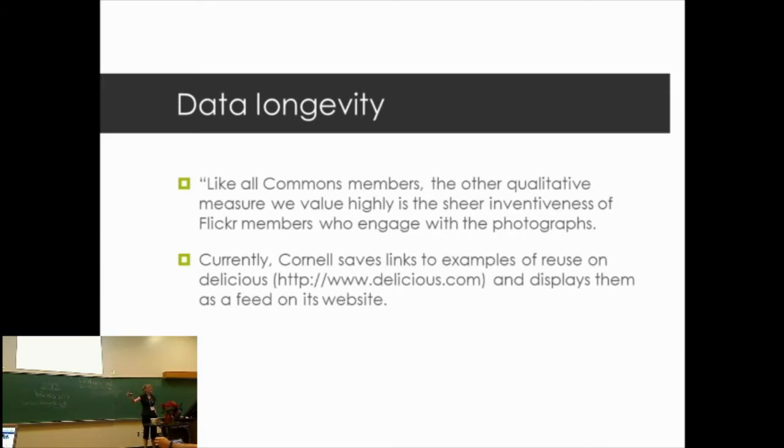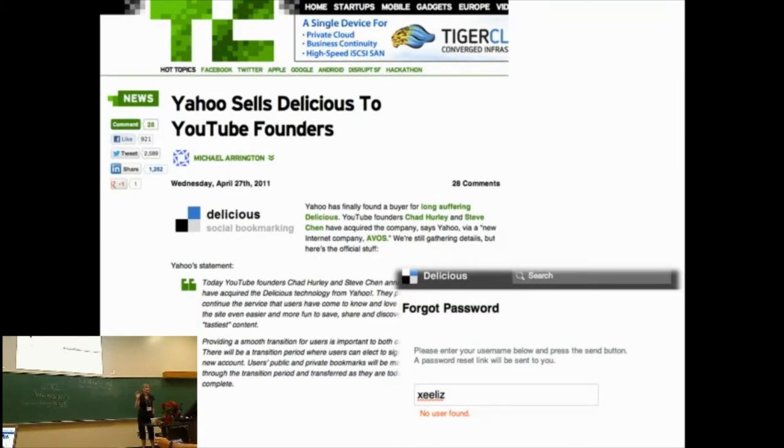Remember I was talking about decentralized versus centralized? And I just want to say, Delicious changed during the time between that research and now. And I just want to put up here that Yahoo was really responsible in giving us a transition period to take our accounts. I was just not paying attention and I missed it.